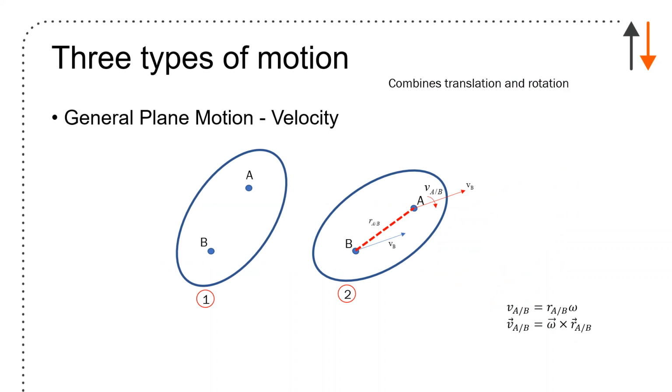You've got to realize you're going to deal with that component as you go through this. Velocity is equal to translation plus rotation, so there's always a translational component and a rotational component.